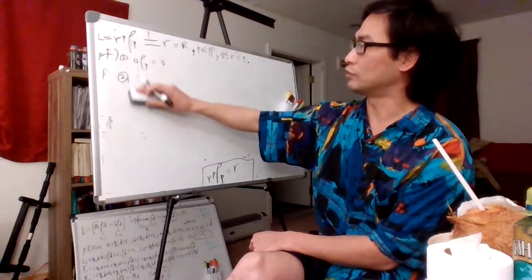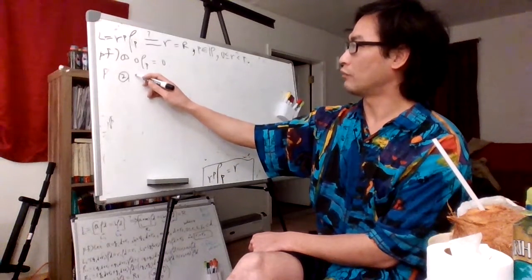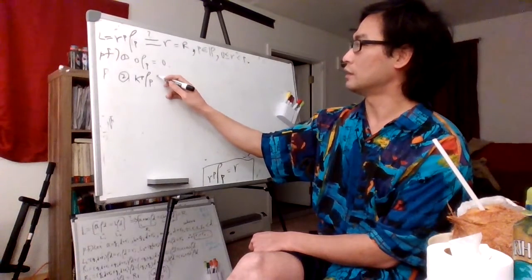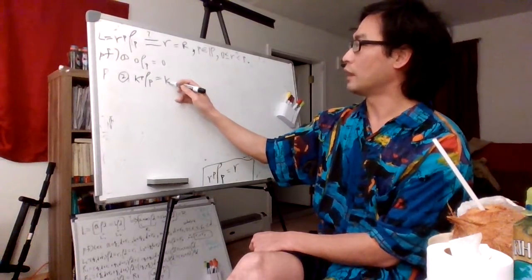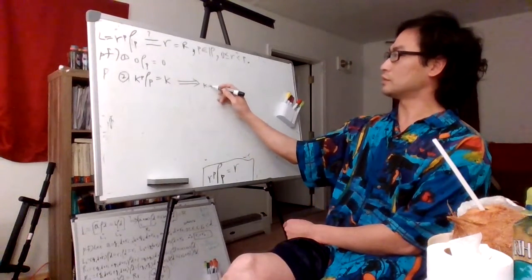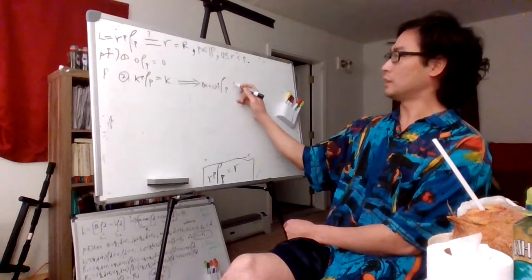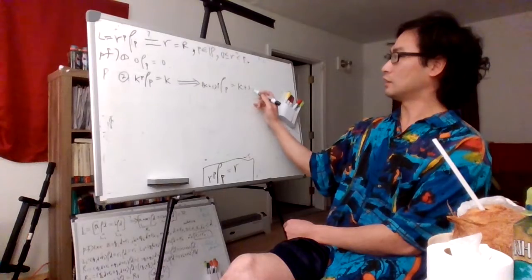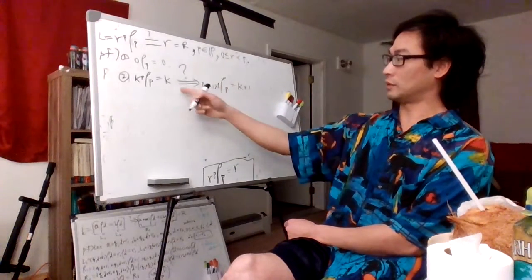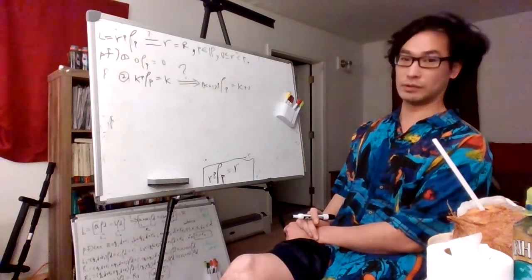What we need to prove is this: when r is equal to k, we assume k to the p mod p is k, and then we can derive that k plus 1 to the p mod p is equal to k plus 1. If we can prove this proposition, then we are done.